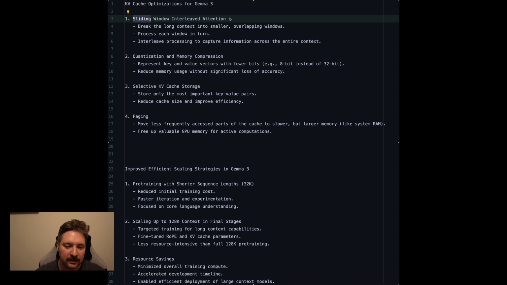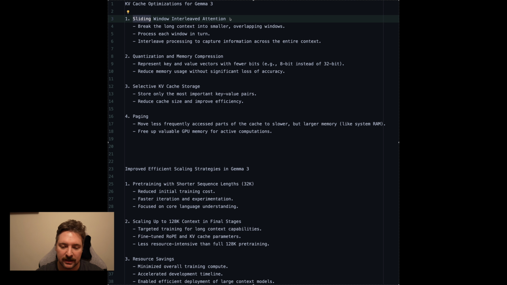Third one, selective key value cache storing only the most important key value pairs. What does that really mean? It means within each of those smaller context windows, you have key values, and then you need to determine which ones have the highest attention ranking. And so then you can choose to selectively store those and then direct the cache to there.